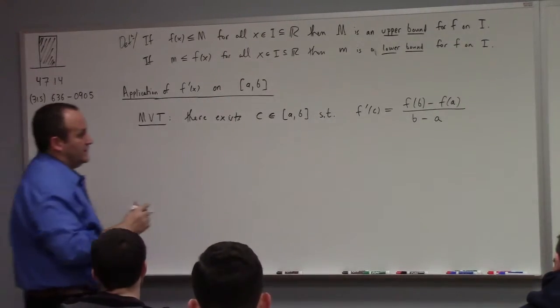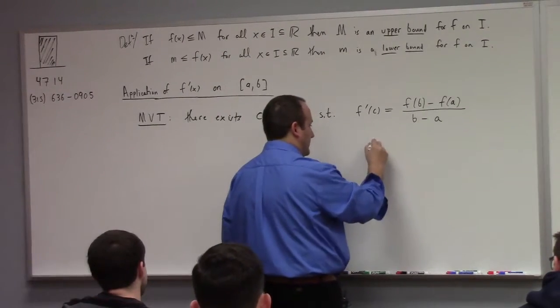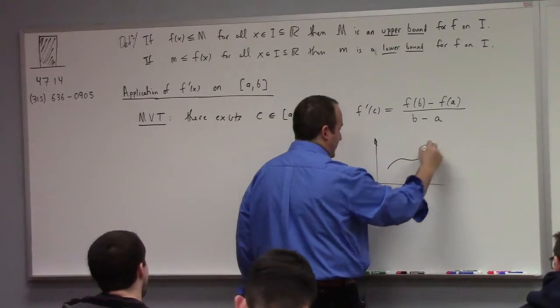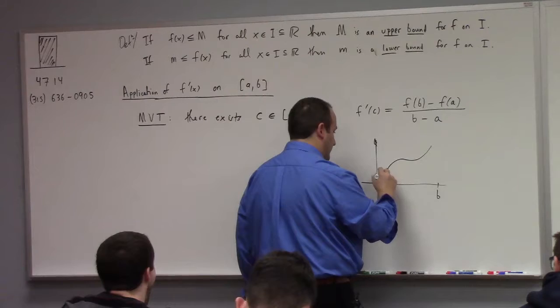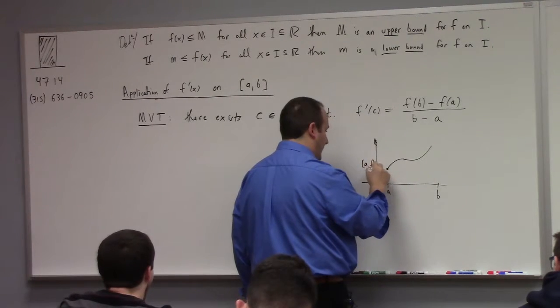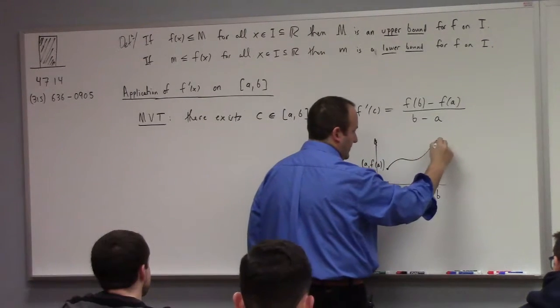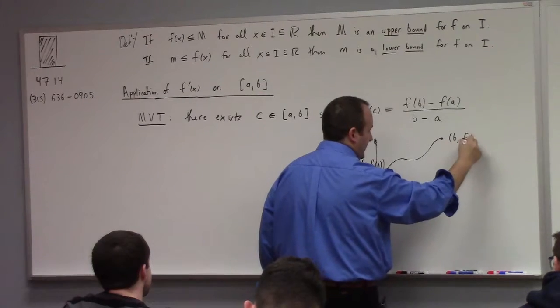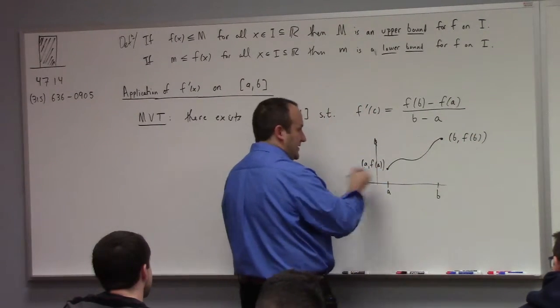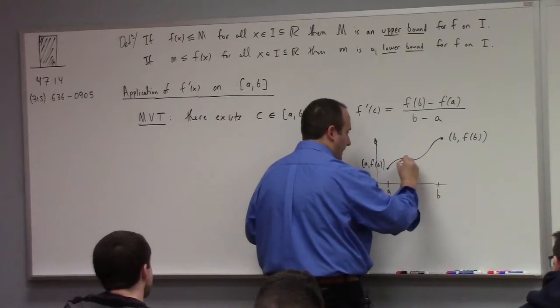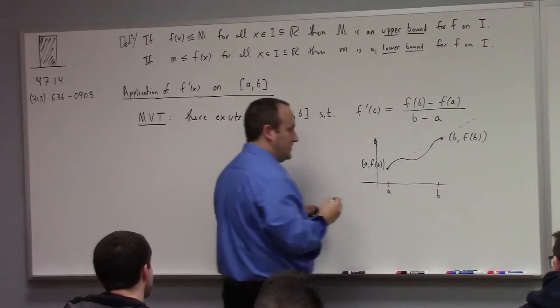So the picture is something like this, right? So here's your a comma f of a, and over here is your b comma f of b. The secant line connecting these two, something like that, right?